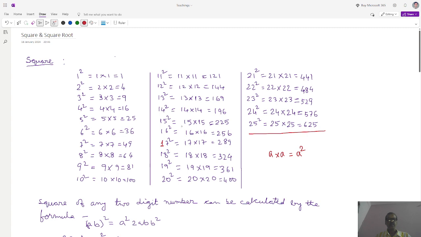If anyone memorizes the second table, that is 11 to 20, then he has to memorize the square values also, because the square values are in the second table. Next, 21 square to 25 square would be memorized, but it is not so hard.